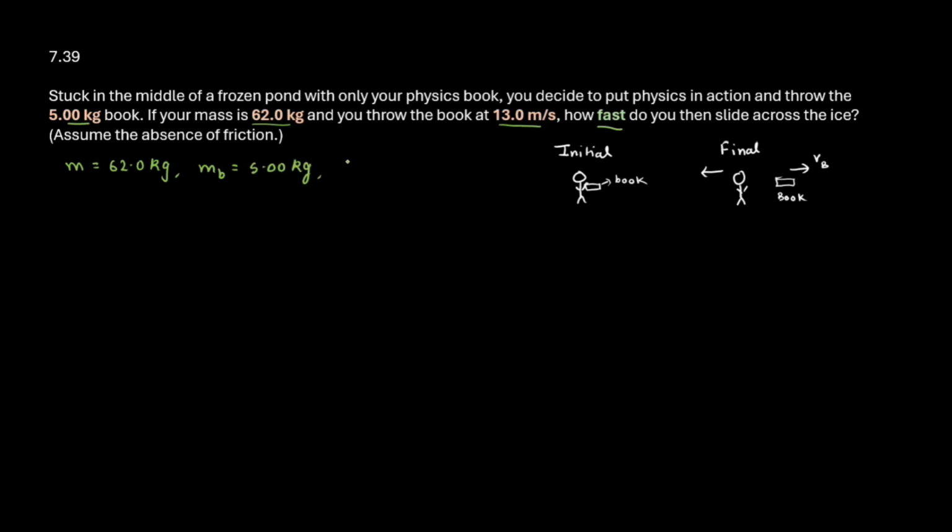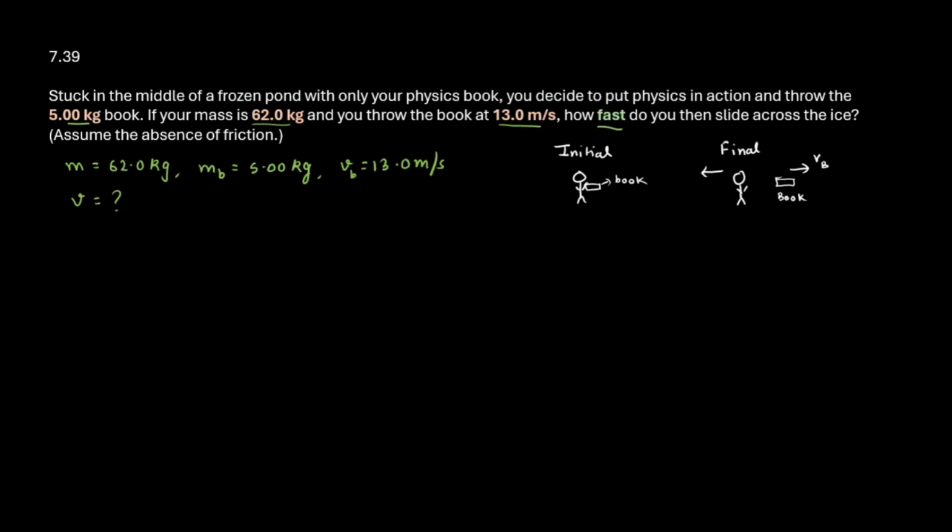The speed with which you throw the book is 13.0 meters per second. This we will write as the speed of the book, and this speed will be positive as you throw the book to the right. Once you throw the book, you will be pushed in the opposite direction. So you need to find with what speed you will move across the ice. So I need to find the final speed for the person.